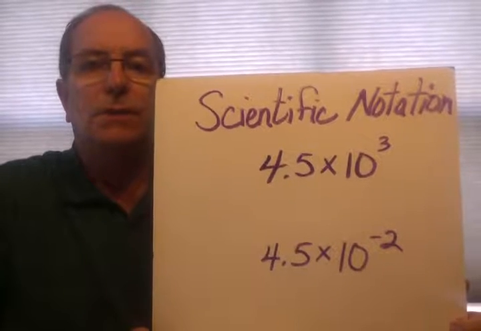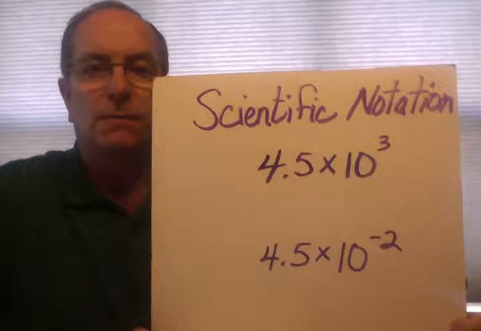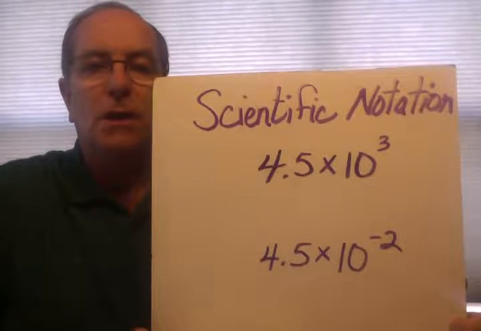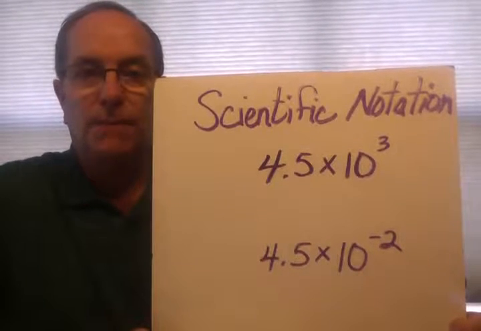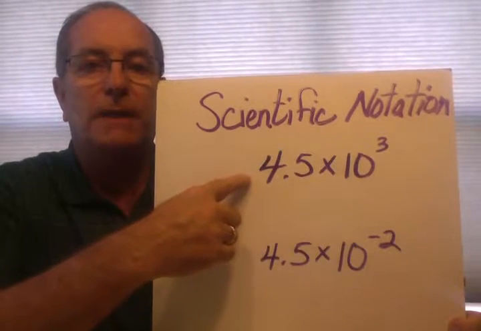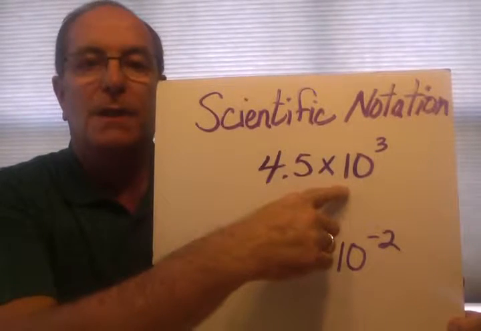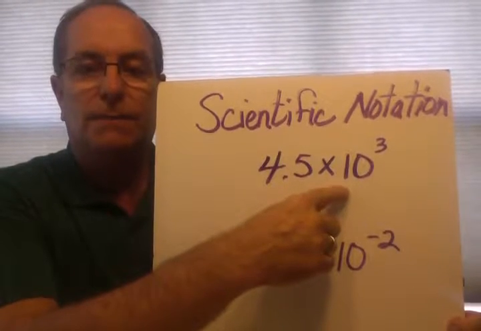Today's video is going to be on the scientific notation way of seeing numbers. And when we talk about scientific notation, it is usually a number like 4.5 times a base 10 number in exponential notation.